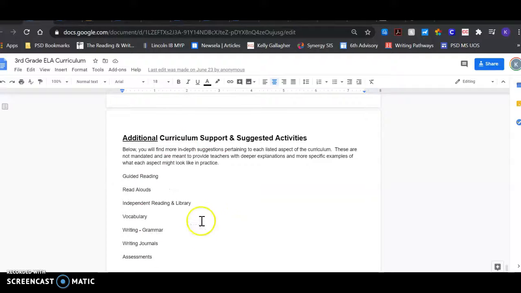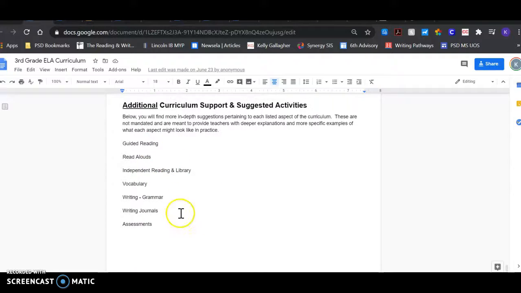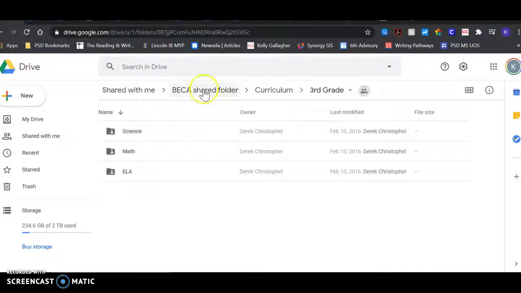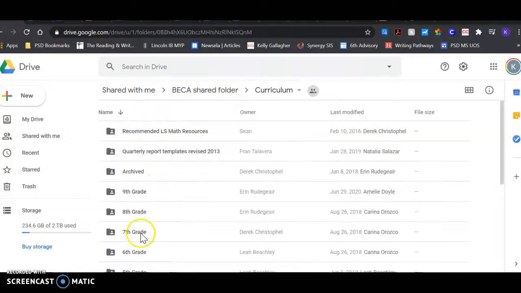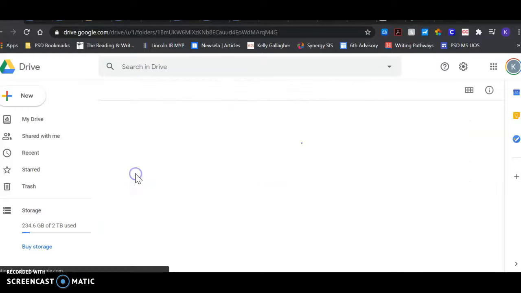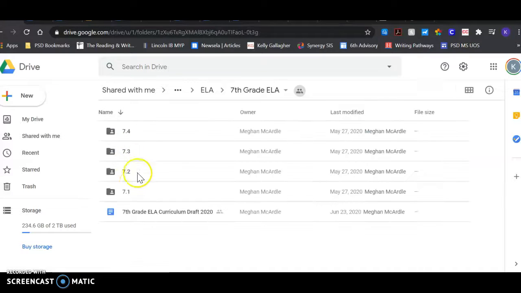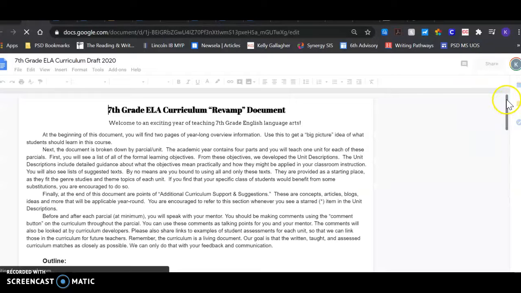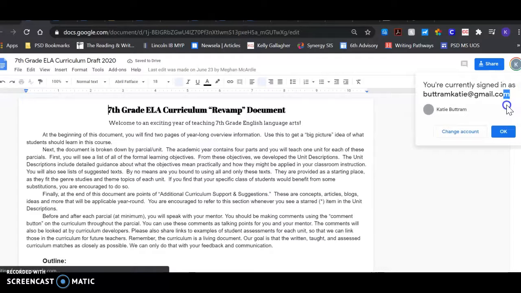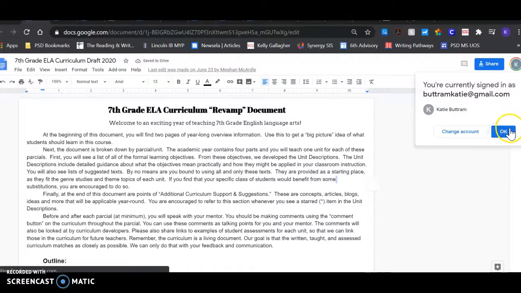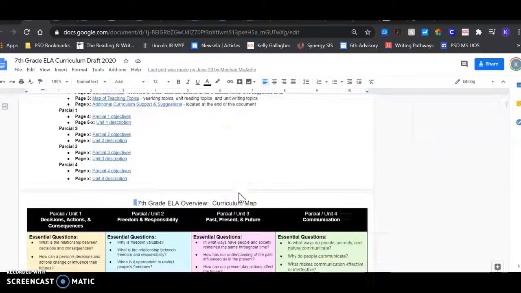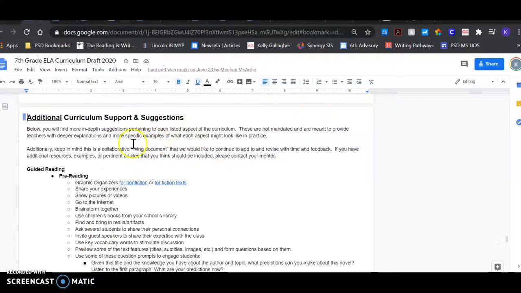And this is a living document, so these are going to be getting more filled out by our curriculum writers. Depending on the year you teach, they might be more filled out than others. So if I look here at 7th grade, if I look at the end of the document, it has quite a bit of additional information to help me plan how I'm going to teach things.